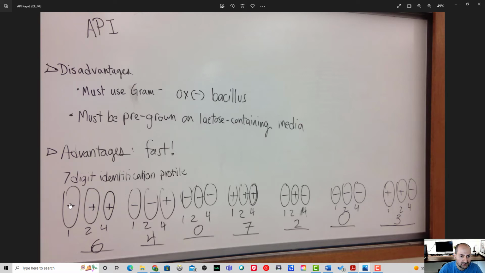So a negative, a positive, a positive, you would add 2 plus 4, so you get a 6. A negative, negative, and a positive, you would just have the number 4. If they're all negatives, then it's a 0. And this is how you get your 7-digit identification profile, which you would look up to identify your bacterium.